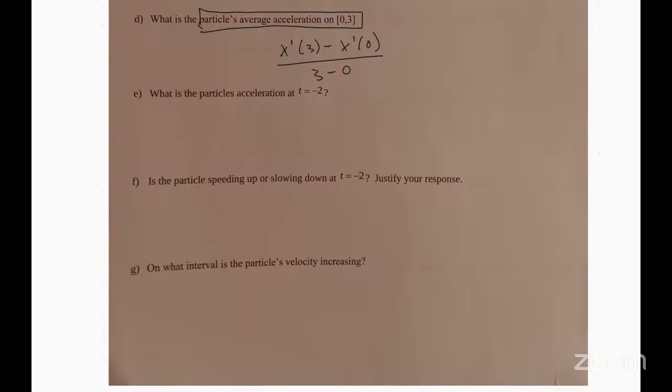It's basically if the velocity and the acceleration have the same signs. Like when you do the number lines and put the positive and negative signs between the values. So take the velocity at time t equals -2 and see what the sign is, and then take the acceleration at t equals -2 and see what the sign is.